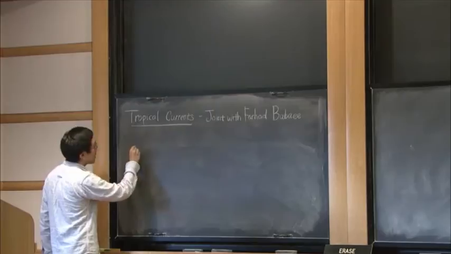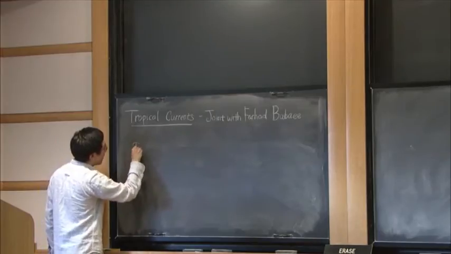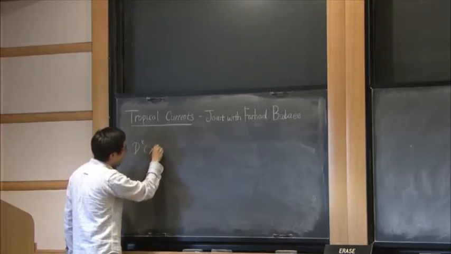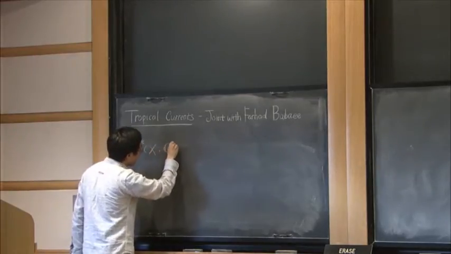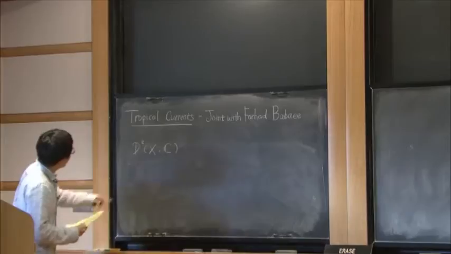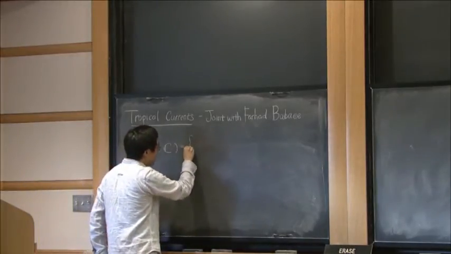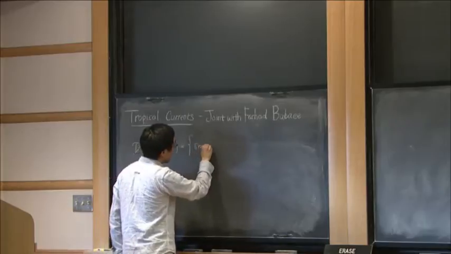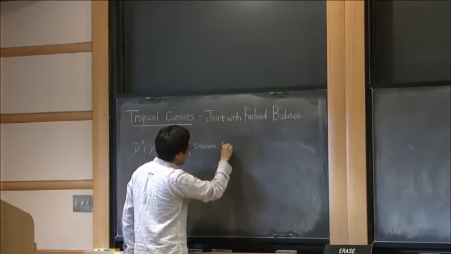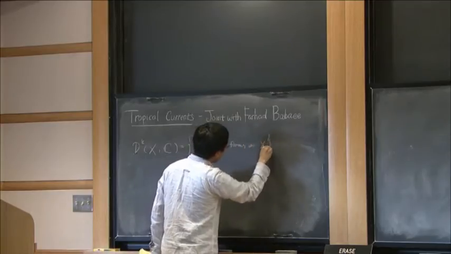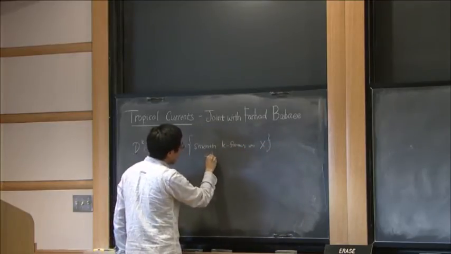So if X is a manifold and k is a non-negative integer, we can think of this vector space that I'll write by D upper k of X, a huge vector space consisting of all smooth k-forms on X with compact support.